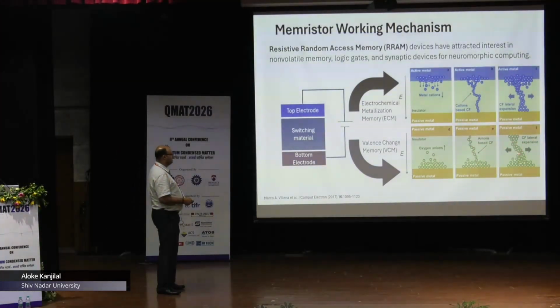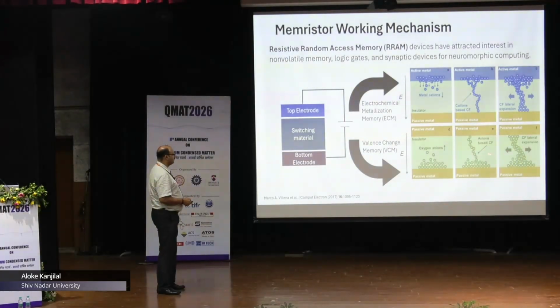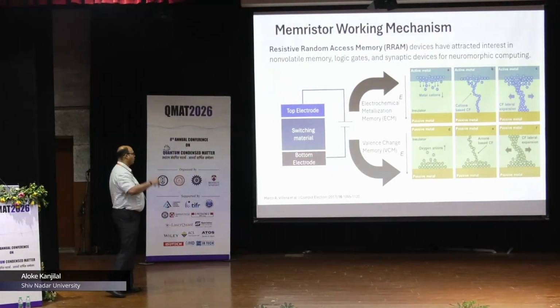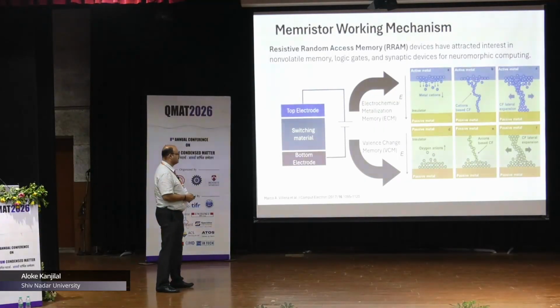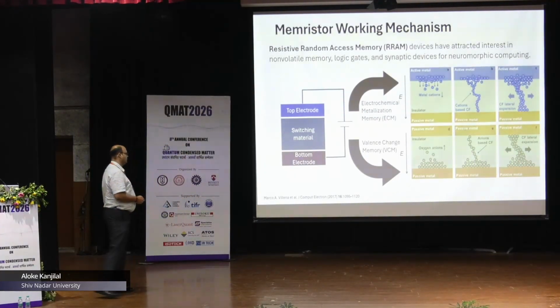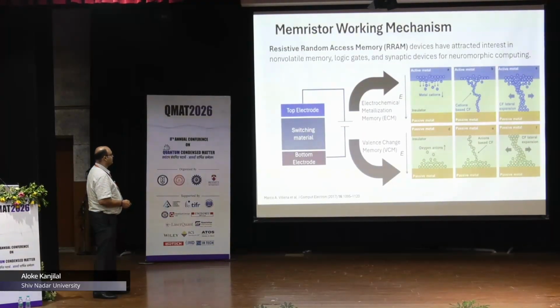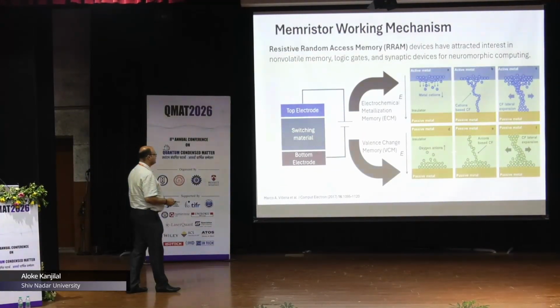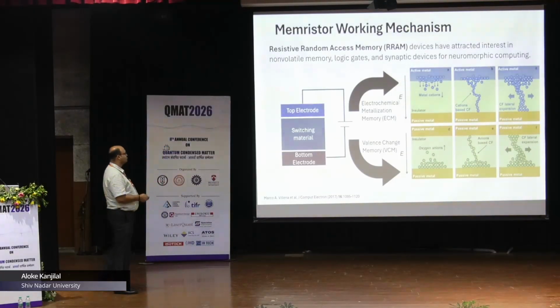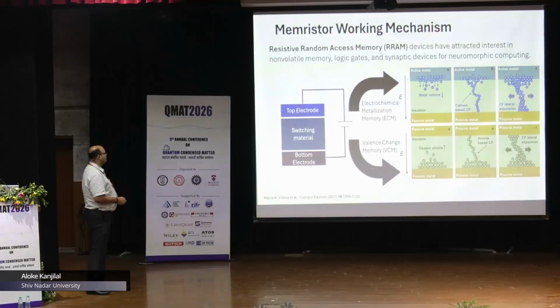It grows with time if the potential is increased, and then it becomes very strong. Generally we put some kind of compliance so that it does not destroy your SMU, the source measure unit. Whenever you reverse the bias, the oxygen returns back to the metal oxide system and it becomes an insulator again. These two mechanisms are very well known in the literature.